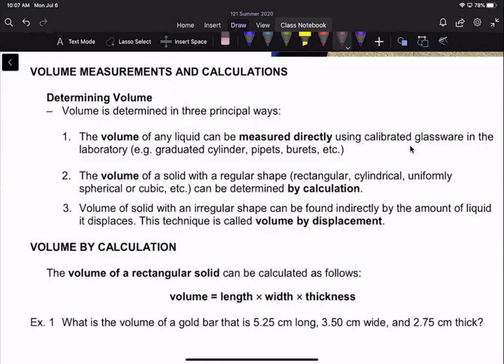We can also measure the volume of a regular shape by measuring and calculating. And if we have an irregular shaped object, such as jewelry might be one example if you have a pendant, you can use volume by displacement. So we'll go over that as well.